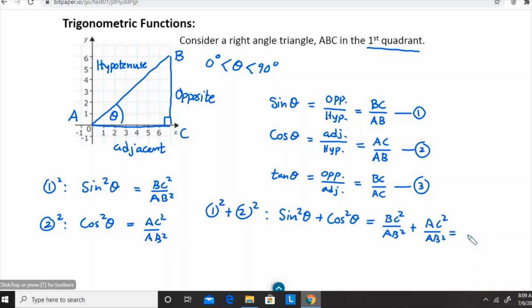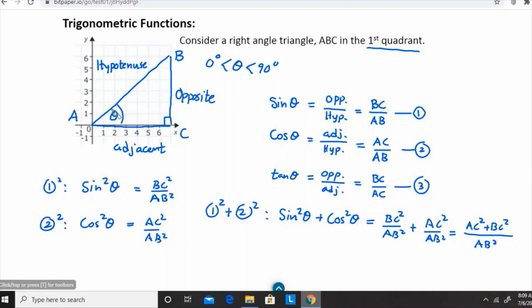You can see there's a common denominator, AB squared, and in the numerator I can rearrange this as AC squared plus BC squared.